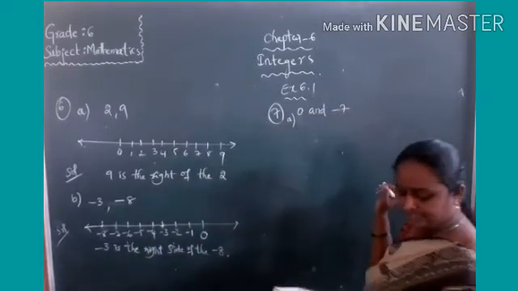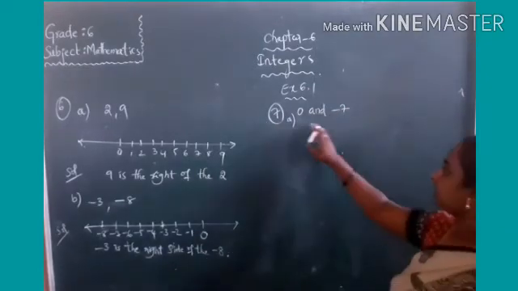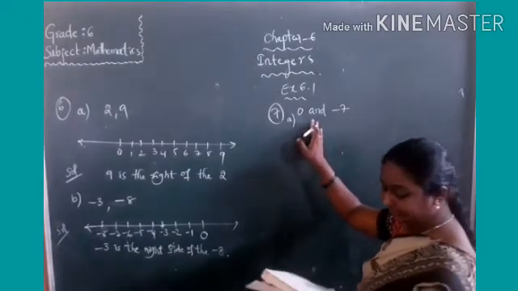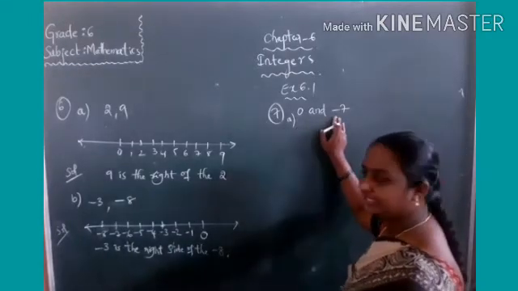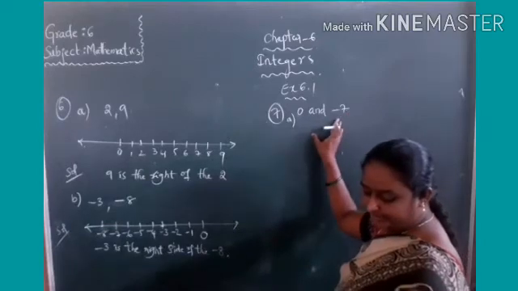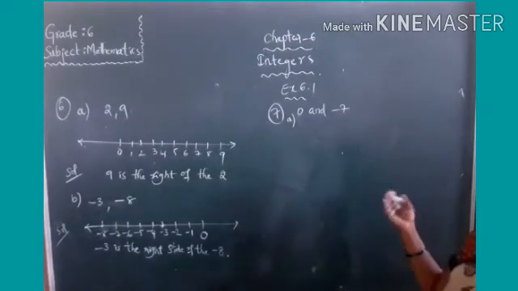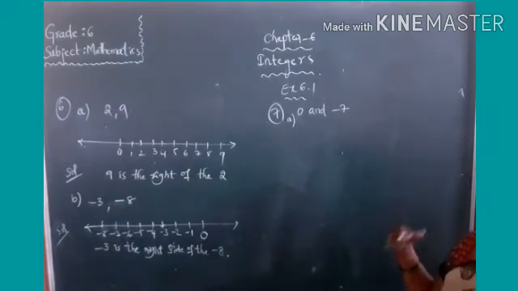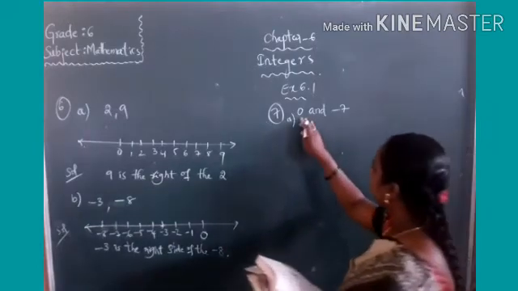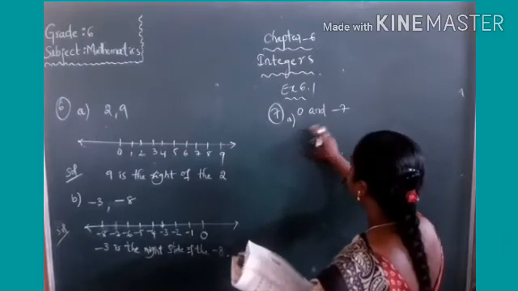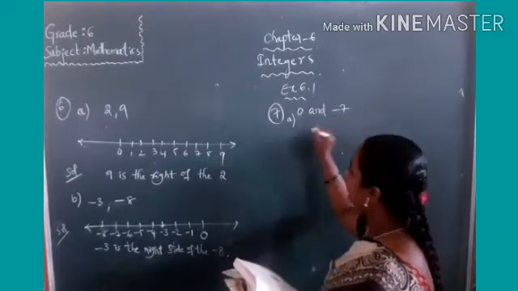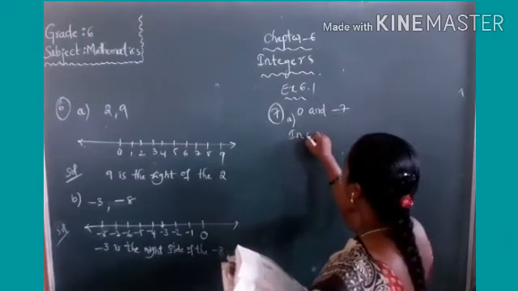In the given pair 0 and minus 7, write the integers in increasing order.